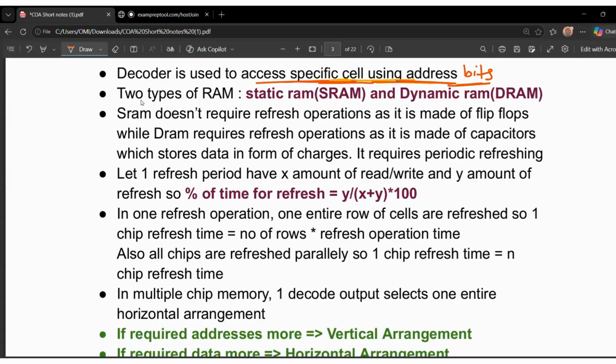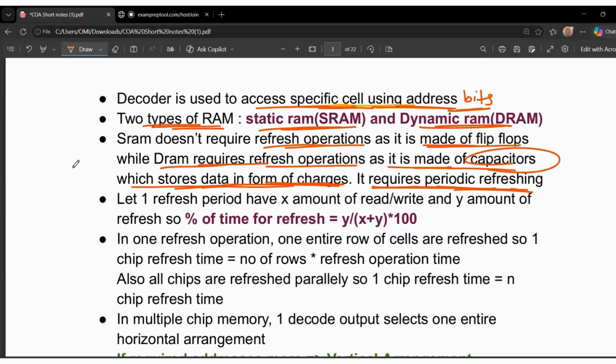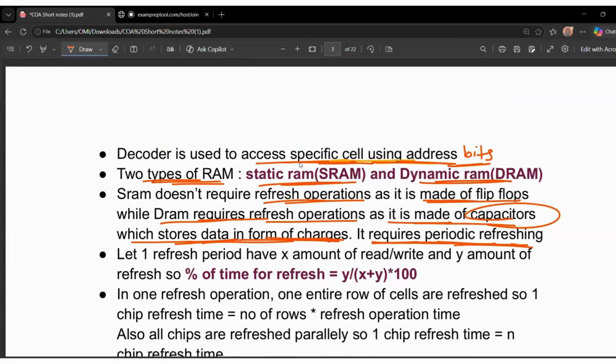Now we have seen that there are two types of RAM: static RAM, SRAM, and dynamic RAM, DRAM. SRAM doesn't require refresh operations as it is made up of flip-flops, while DRAM requires refresh operations as it is made up of capacitors, which store the data in the form of charge and require periodic refreshing.